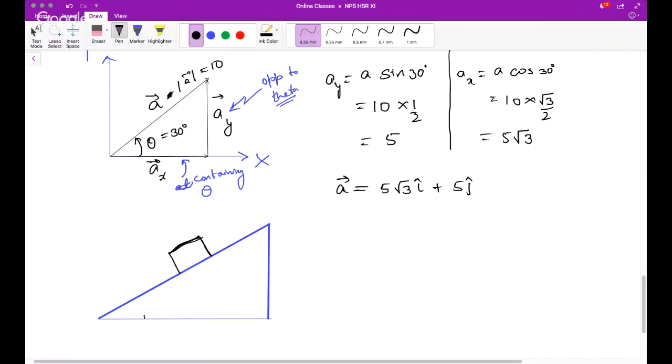And let us say this angle is 60 degrees.